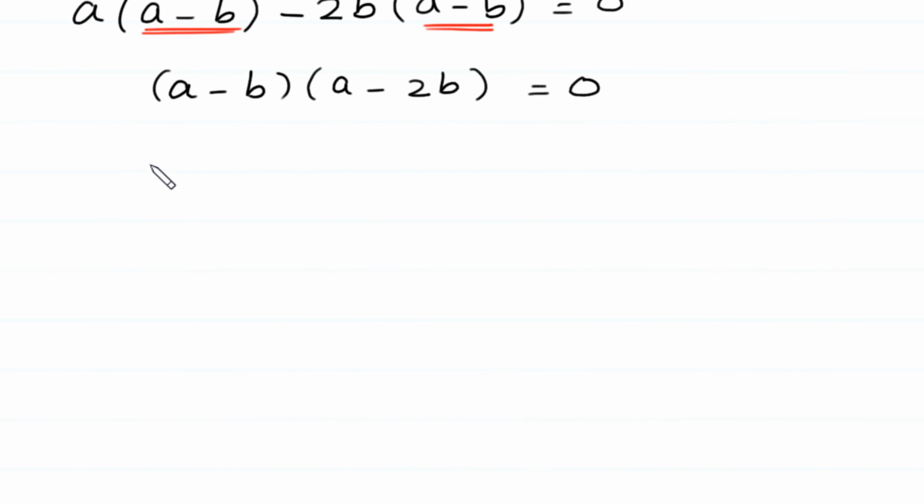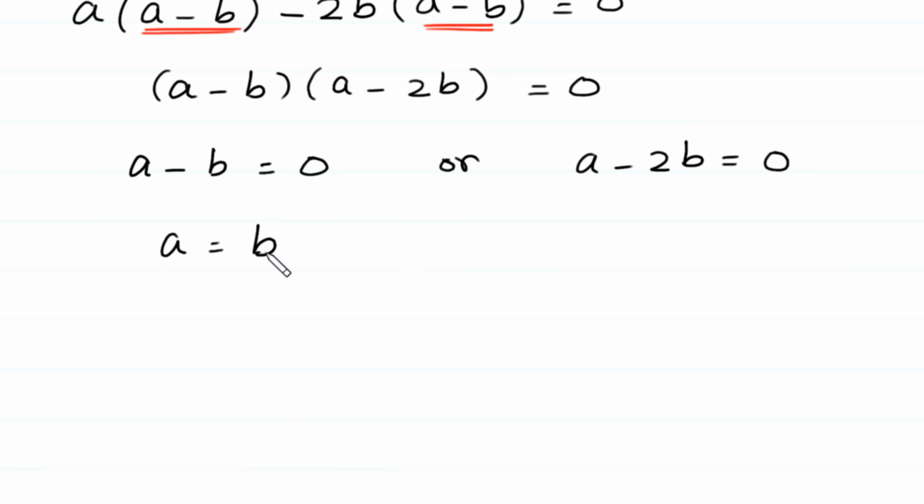Now from here either a minus b is equal to 0 or a minus 2b is equal to 0. From here a is equal to b, and from here a is equal to 2b. And if we divide both sides by b, we get a over b is equal to 2.